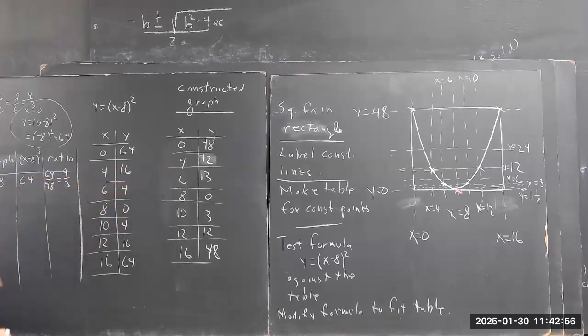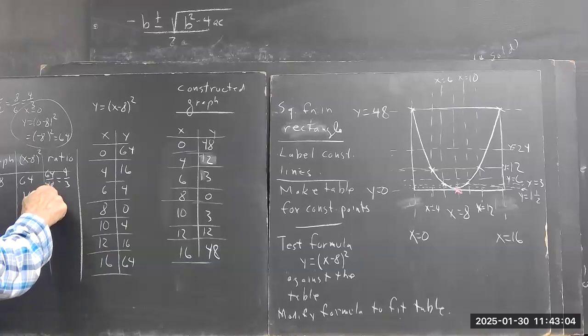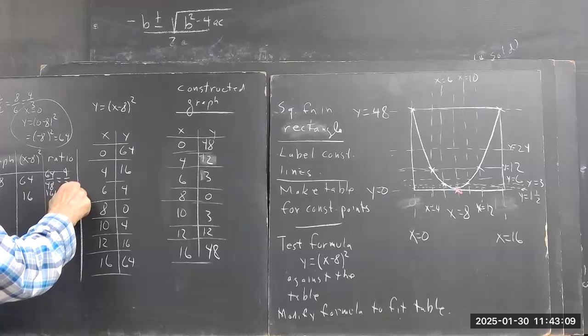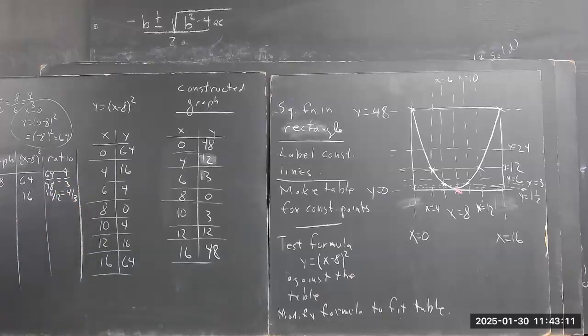Okay. Now, if x is 4, graph gave you 12. X minus 8 squared gave you 16. Ratio is 16 over 12, which is also 4/3. Okay. One more.